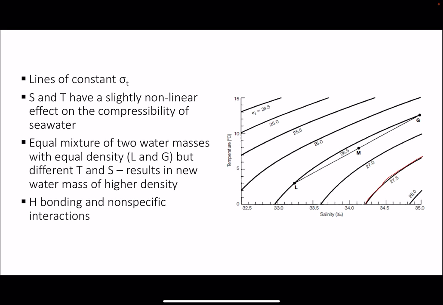Temperature and salinity have what we call a slightly nonlinear effect on the density of seawater. This becomes interesting because if you take two water masses, let's say you have a place in the ocean where you go out and measure water, we'll label it place L, and it has a particular temperature and salinity. Let's say it has a temperature of 3 degrees C and a salinity of, I don't know, 33.3.